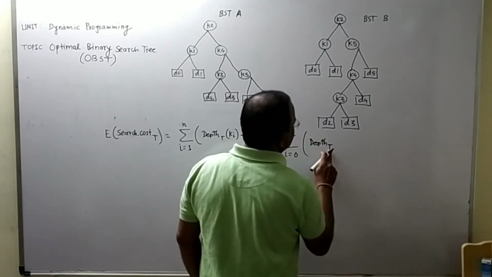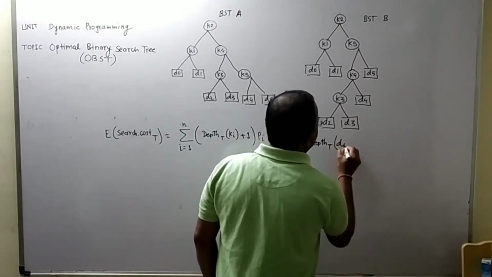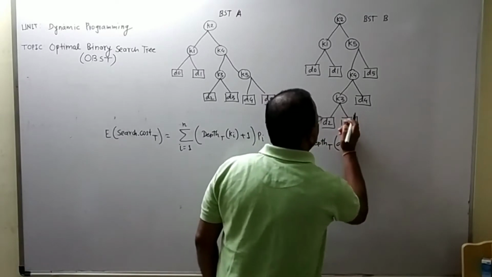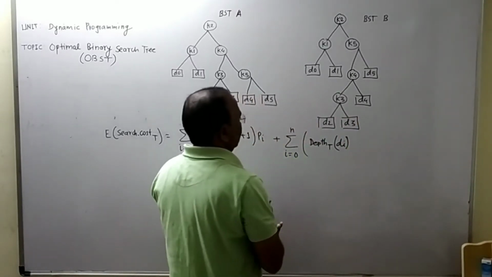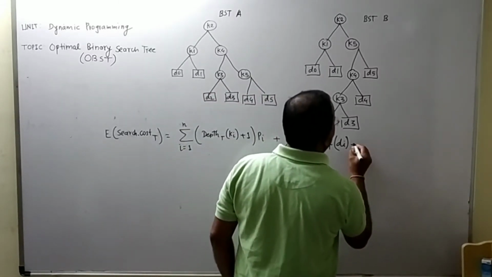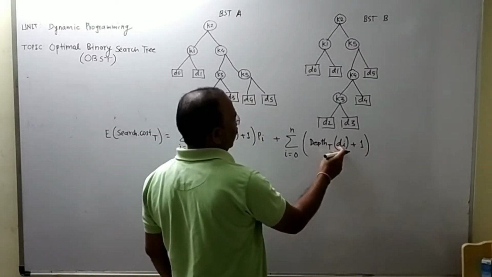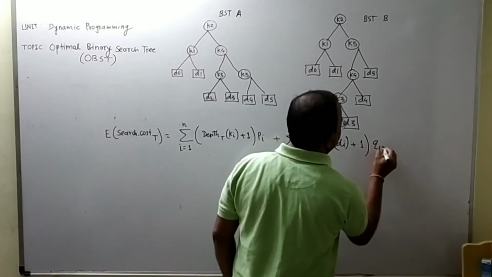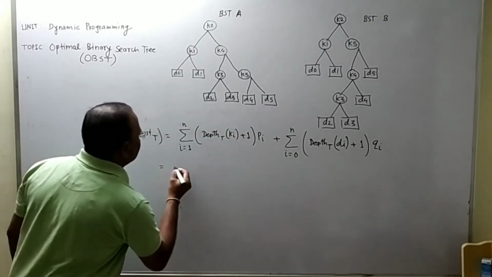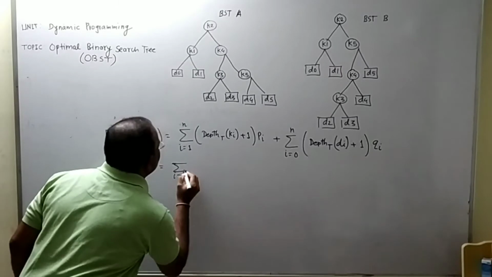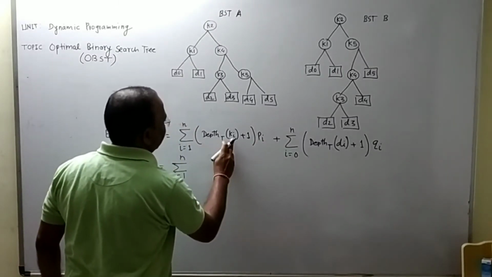Consider the BST T, depth of Di gives the dummy keys plus 1, and the probability assigned for dummy keys is Qi. Simplify this. Summation from i equal to 1 to n, so multiply depth Ki with Pi.